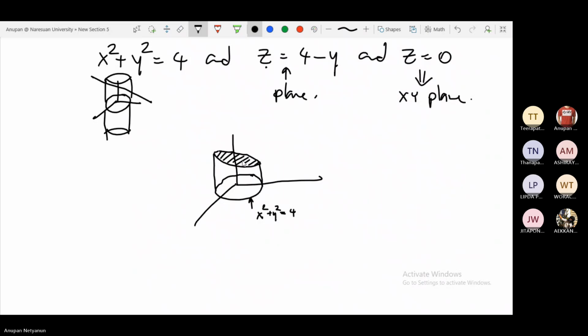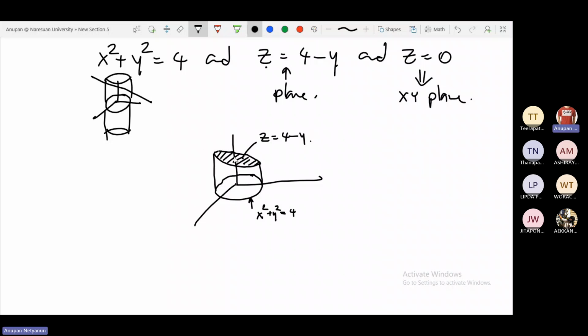So this surface is going to be part of the plane. This is z equal to 4 minus y. Okay. And this is the solid object that you need to find. Okay. It's enclosed by the xy plane, right? So it's going to be above this. And enclosed by the cylinder. And it's enclosed by the plane. Okay.